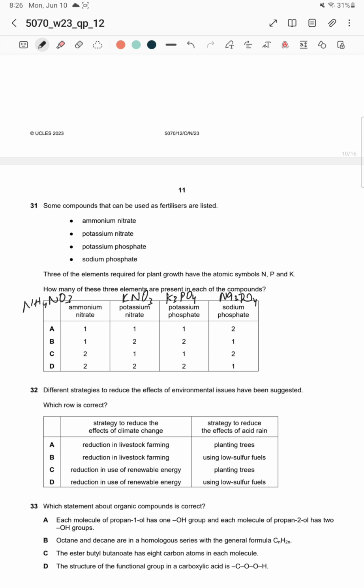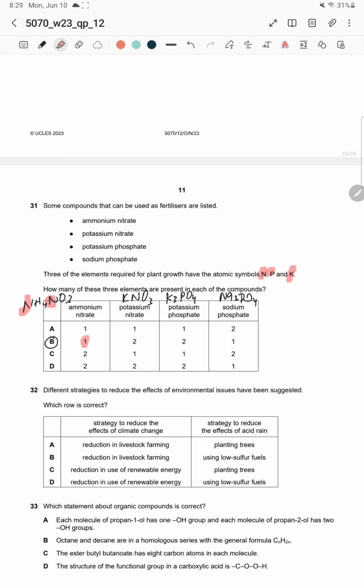So when you look at 31, the correct option will be B. As you can see, ammonium nitrate has only nitrogen from N, P, K, so it has 1 out of these 3.